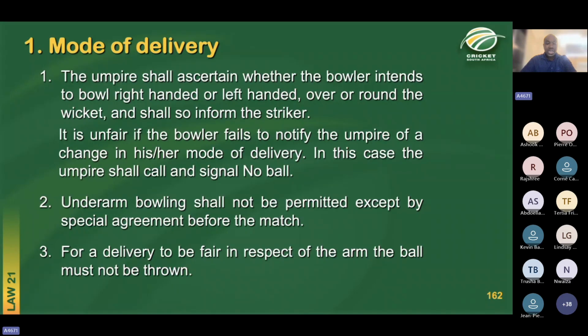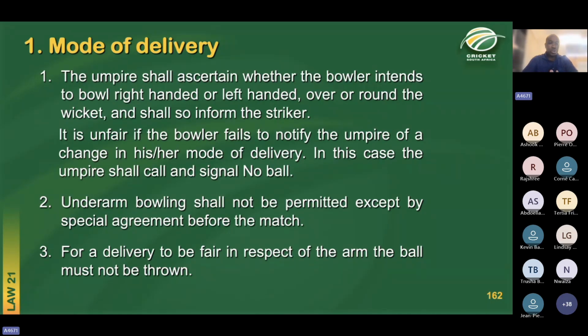So we as umpires are not to call and signal no ball if there is a suspect action. If we feel that the elbow bend might be more than 15 degrees, then we need to submit a suspect bowling action report and send it to the governing body responsible for cricket in that area.